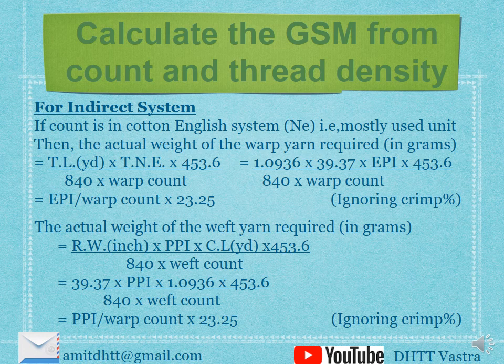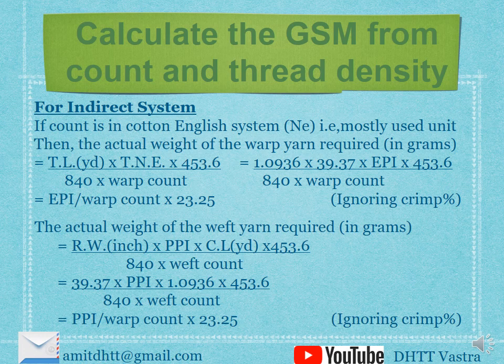So we can calculate it in this manner: tape length in yards into total number of ends into 453.6 divided by 840 into warp count. Only 453.6 is multiplied so that the pound is converted to grams.